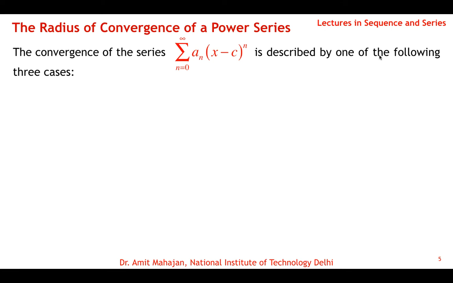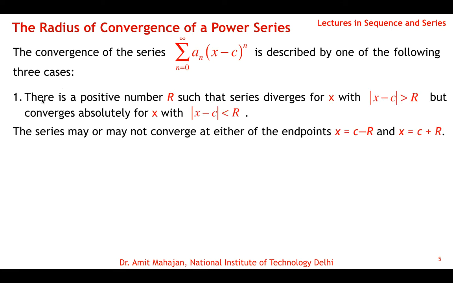one of three cases, and those three cases depend upon whether this series converges at a single point, or converges for all values of x, or converges in an interval. The first case: say there is a positive number r such that the series diverges for all x with absolute value of x minus c bigger than r, but converges absolutely for all x with absolute value of x minus c less than r.